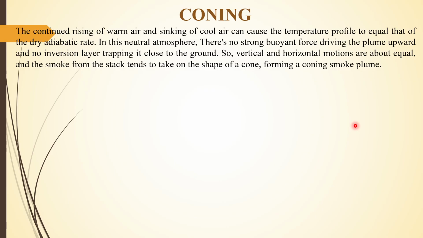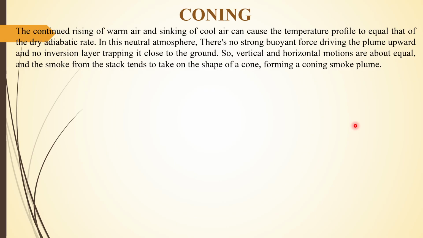And lastly, we discuss coning. The continued rising of warm air and sinking of cool air can cause the temperature profile to equal that of the dry adiabatic lapse rate.